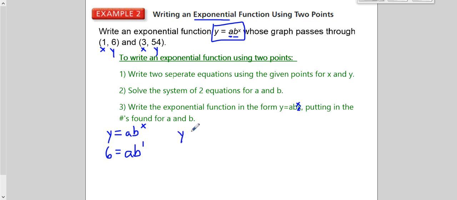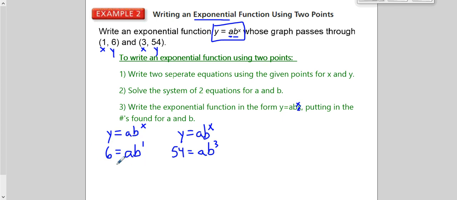And then the second equation, y is 54 when x is 3. Now that we have two equations, we can solve the system.